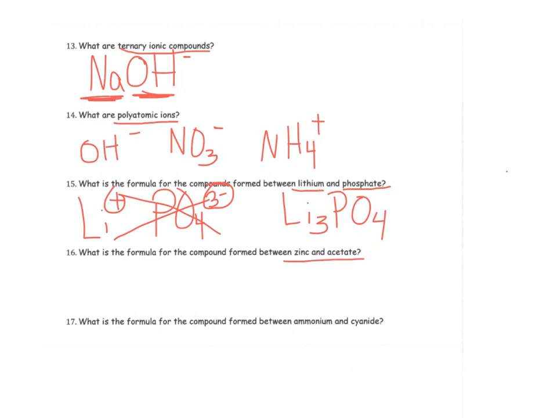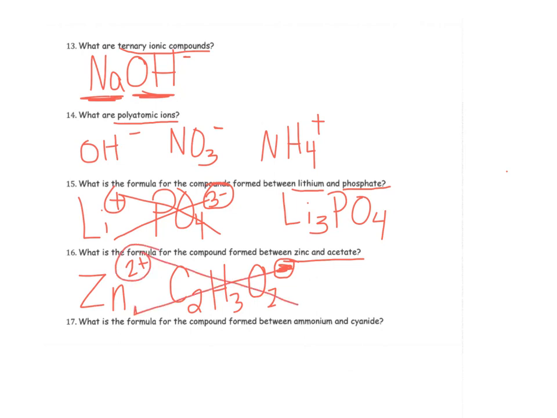Let's do another one between zinc and acetate. All right. Zinc, remember, always has a positive 2 charge, and acetate is C2H3O2 with a -1 charge. So I'm going to swap and drop, crisscross, put that 1 down there, and put that 2 there.